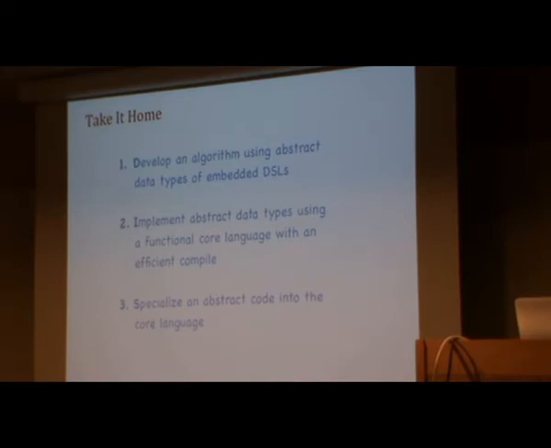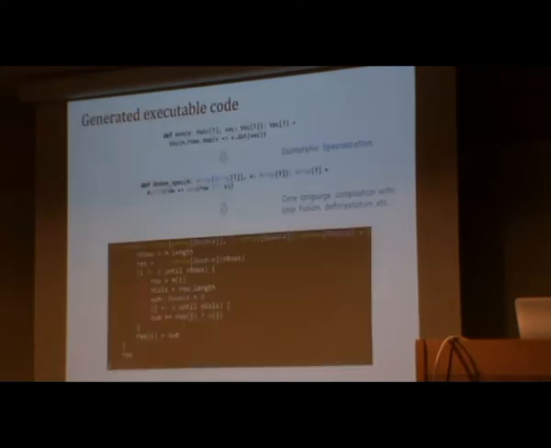So the key point so far: develop an algorithm using abstract data types of embedded DSLs, implement abstract types using some functional core language with an efficient compiler, and specialize the abstract code into the core language. And why does it matter?